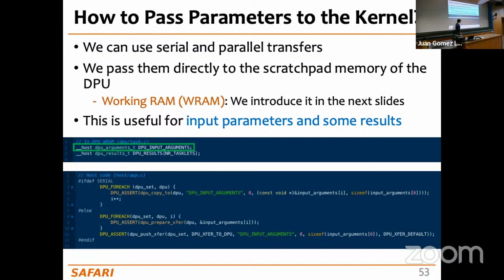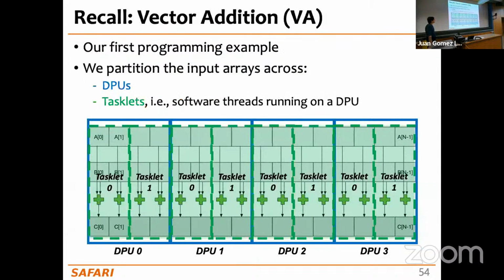DPU input arguments is the address that we target from the host in each DPU. But as you can see, the syntax is exactly the same. The syntax of this DPU copy to is exactly the same as we use for buffer A and buffer B. And if you prefer to use parallel transfers, then you would use the prepare transfer and the push transfer APIs. So basically it's the same, but the difference is the address or the symbol that we are using to identify the data, the arrays that we copy.